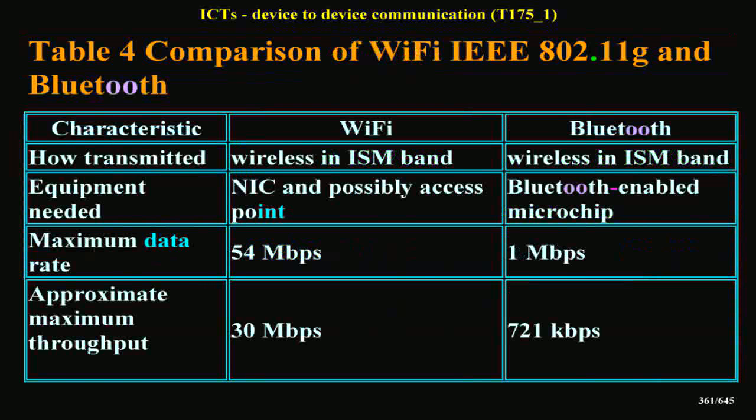Table 4: Comparison of Wi-Fi IEEE 802.11g and Bluetooth. Characteristic, Wi-Fi, Bluetooth. How transmitted: wireless and ISM band. Equipment needed: NIC and possibly access point; Bluetooth-enabled microchip. Maximum data rate: 54 Mbps; 1 Mbps. Approximate maximum throughput: 30 Mbps; 721 kbps.